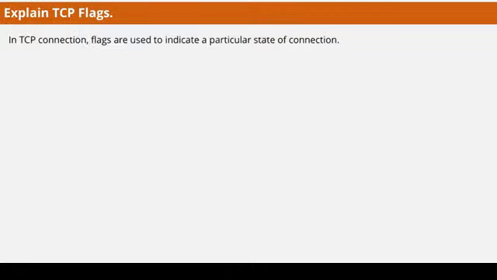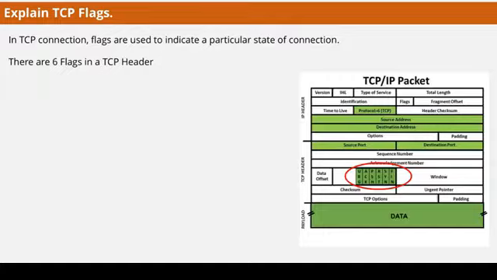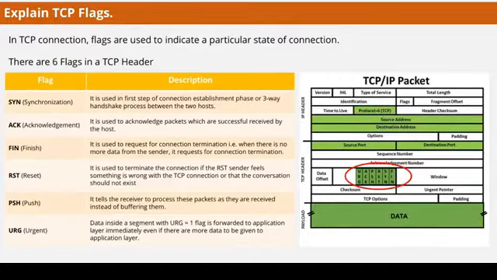Explain TCP flags. In TCP connections, flags are used to indicate a particular state of connection. There are 6 flags in a TCP header. They are SYN, ACK, FIN, reset, push, and urgent. The functions of each flag are shown on the screen.